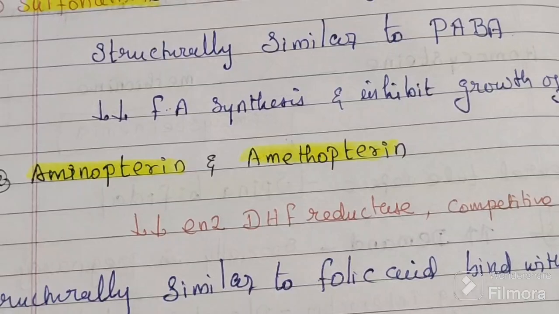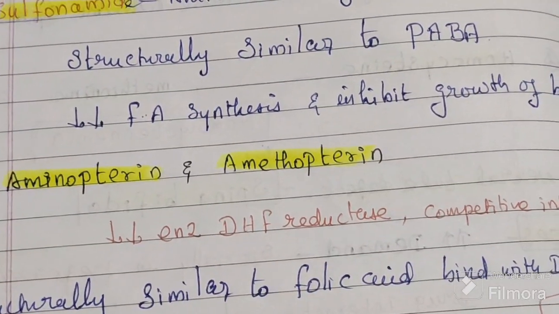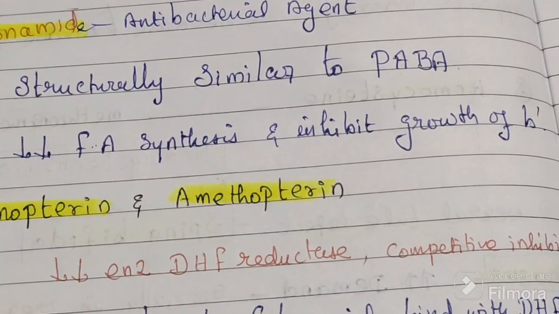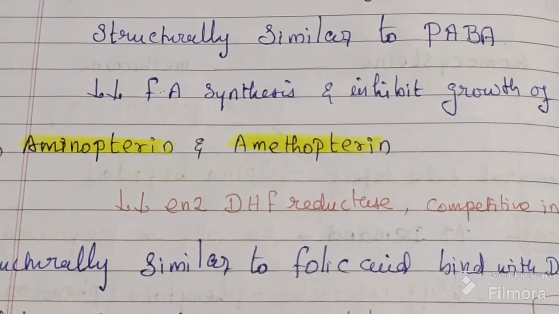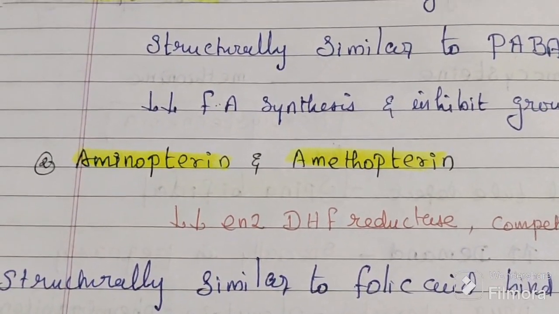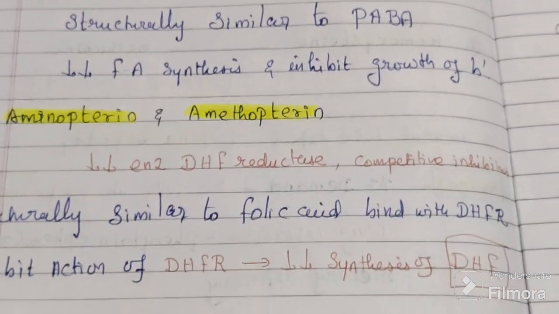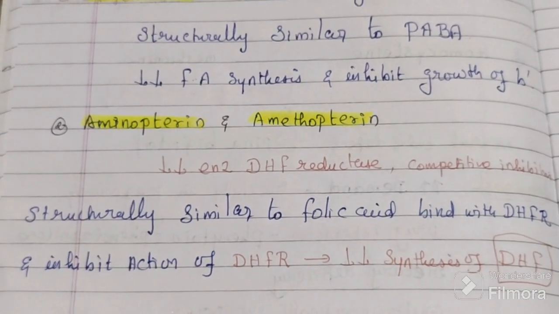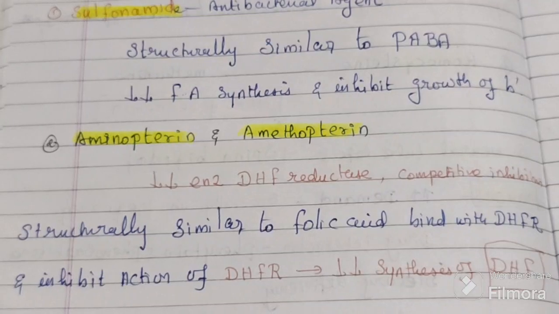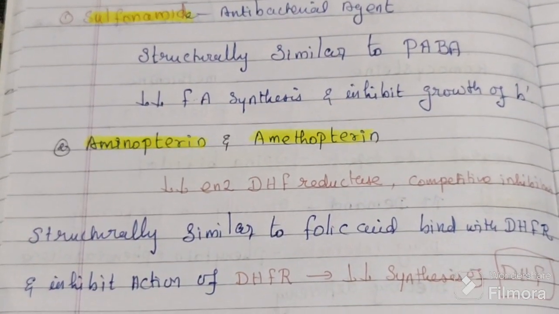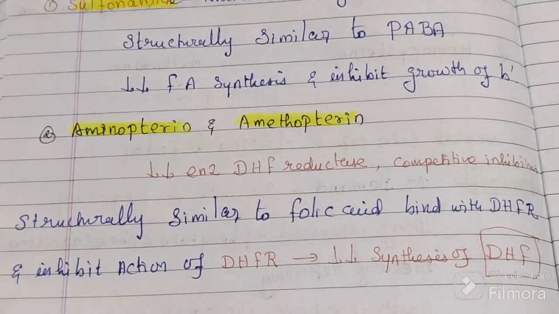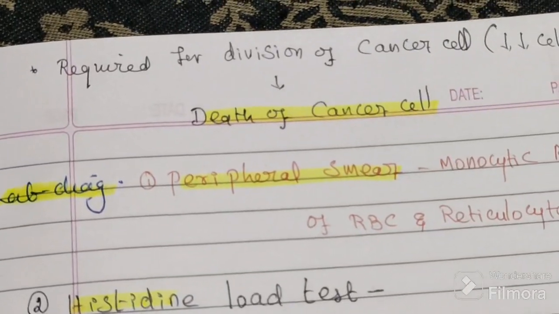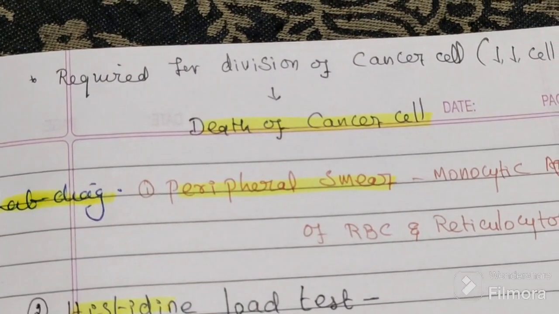Second important one is aminopterin, or methotrexate. It inhibits the enzyme dihydrofolate reductase by competitive inhibition, because aminopterin and methotrexate are structurally similar to folic acid, bind with dihydrofolate reductase and inhibit its action, due to which there is decreased synthesis of tetrahydrofolate, which is required for the division of cancer cells, and death of cancer cells occurs.